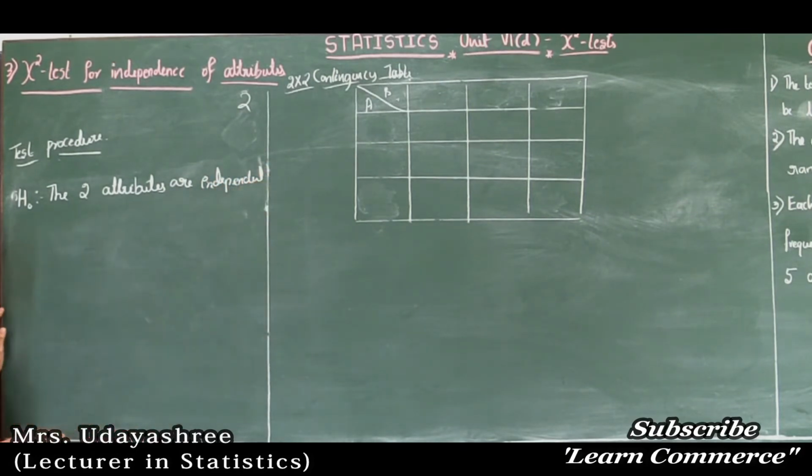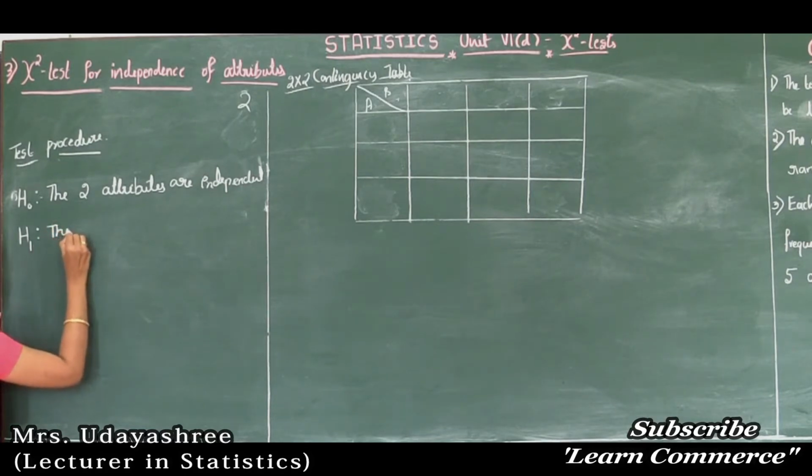Then what is step 2? Okay, this is step 1. Step 2 is setting up of the alternative hypothesis, and the alternative hypothesis is denoted by H1. So how to find the alternative hypothesis? Here the alternative hypothesis is a possible rejection of the null hypothesis, but here we consider only one possible rejection, that is, the two attributes are not independent.